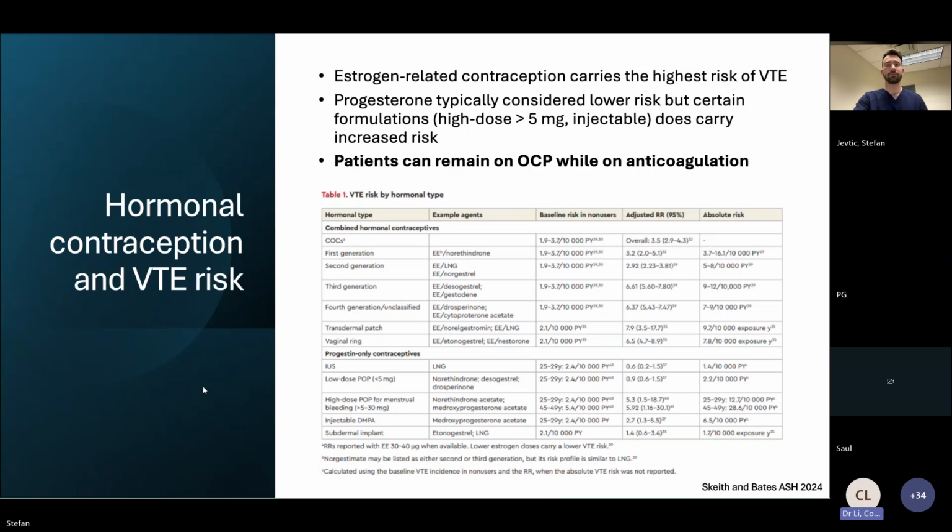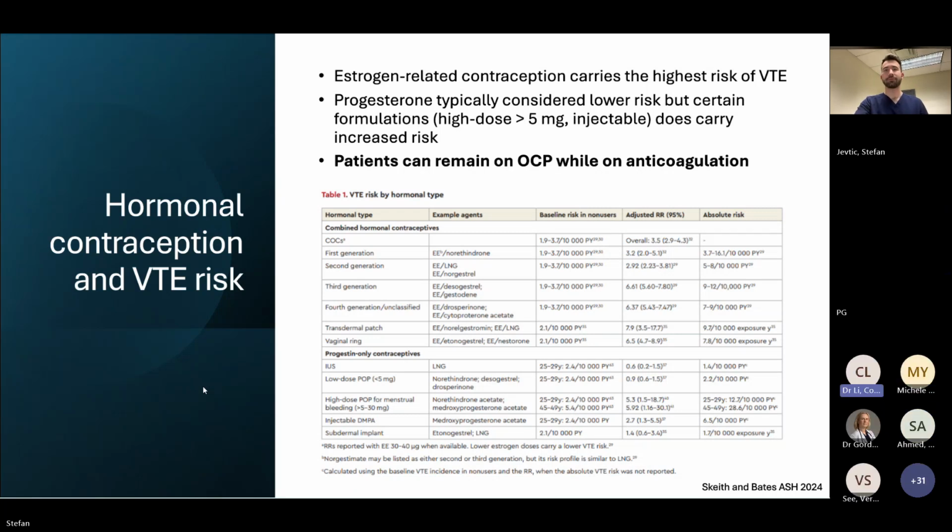I'm considering a very young patient, no other clear provoking factors, no family history of VTE, who has an unprovoked VTE and is on the OCP. I surmise they might be inclined to stop it, even though you're saying it's safe to stay on the OCP while on anticoagulation.